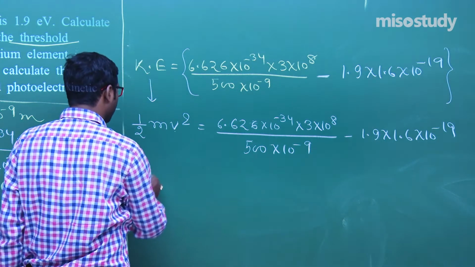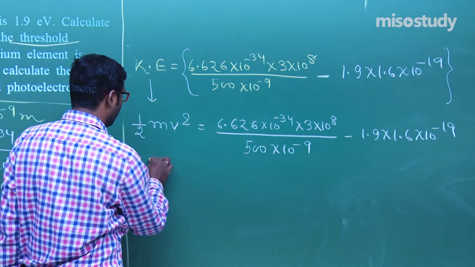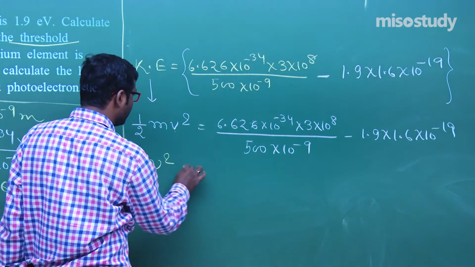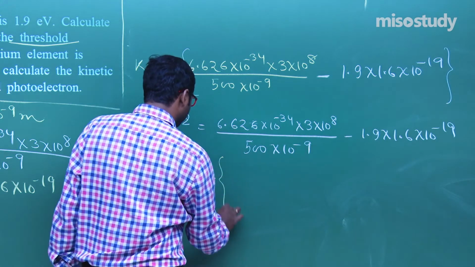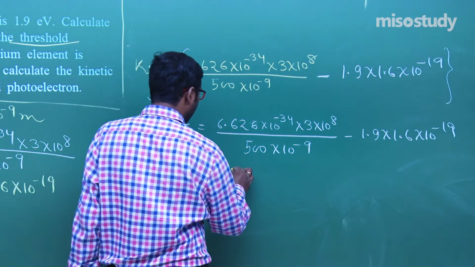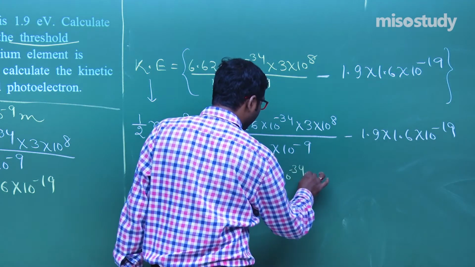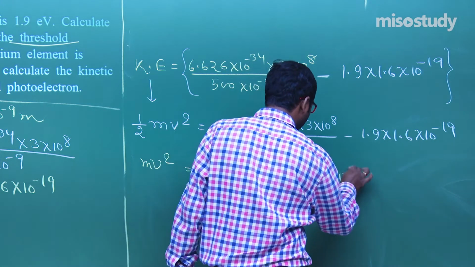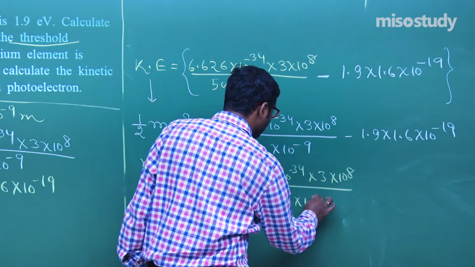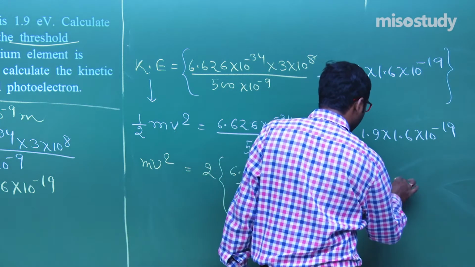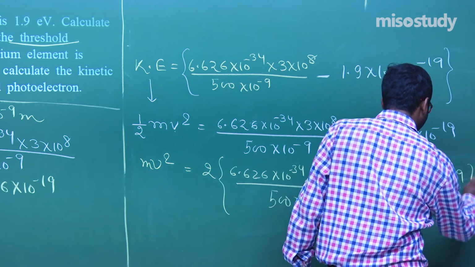Am I right? Yes, sir. Now, what is V? Multiply, mv square is equal to 2 multiplied by this value.